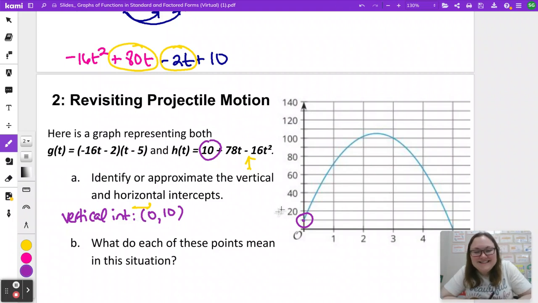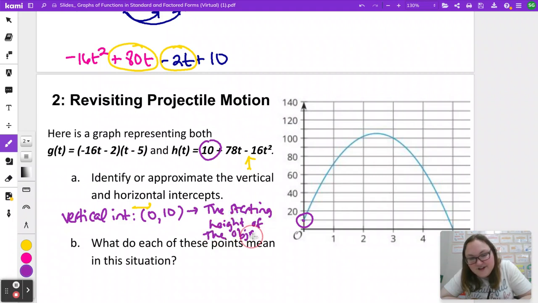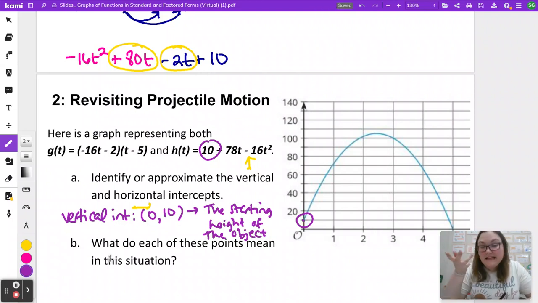It is the height at time 0. So we could say the starting height of the object. You could also say the height the object was thrown from. I really like that too. This is one of our intercepts, our vertical intercept.